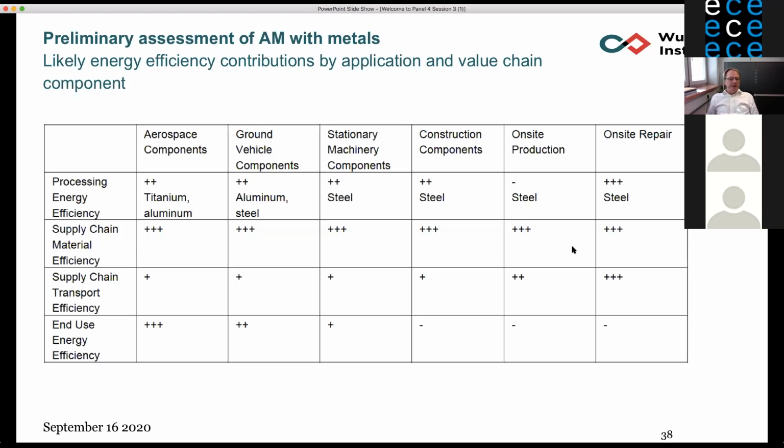Well, end-use energy efficiency clearly has the focus in terms of aerospace components and ground vehicle components.